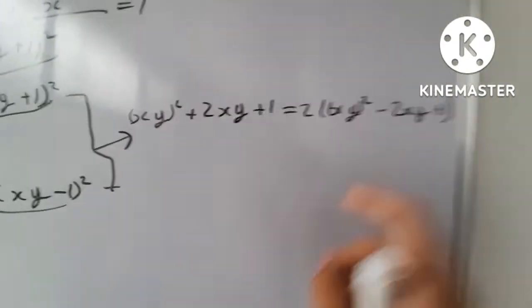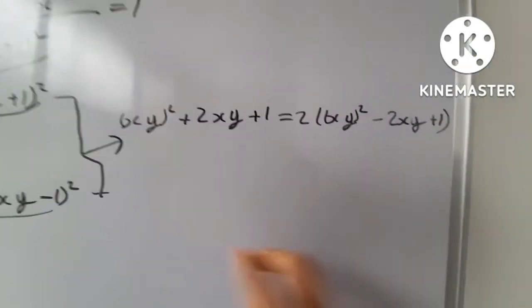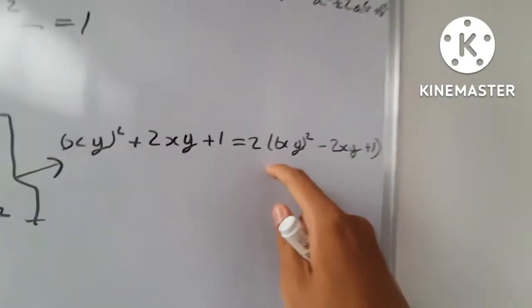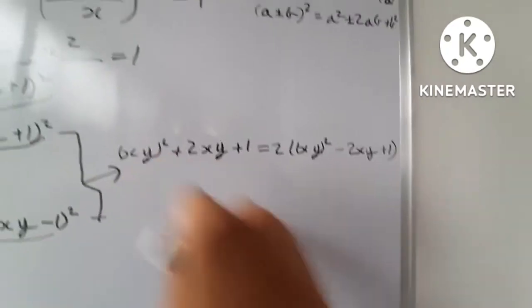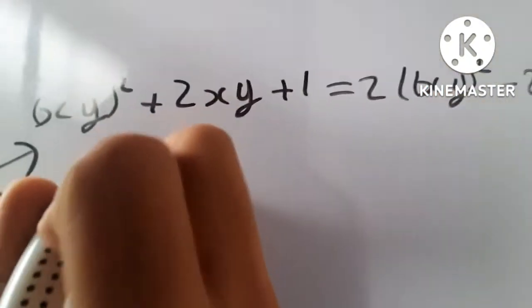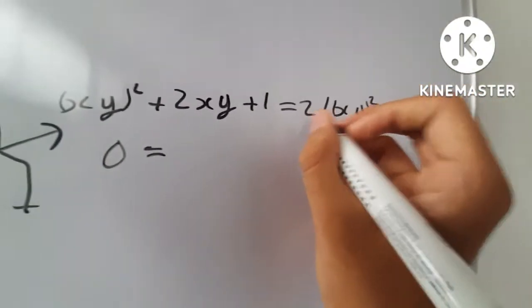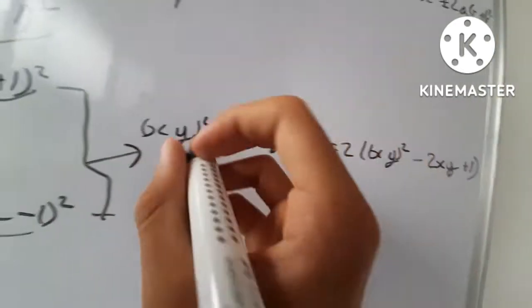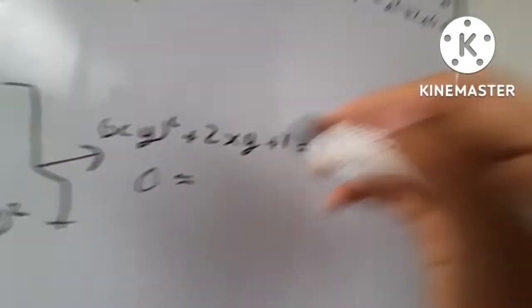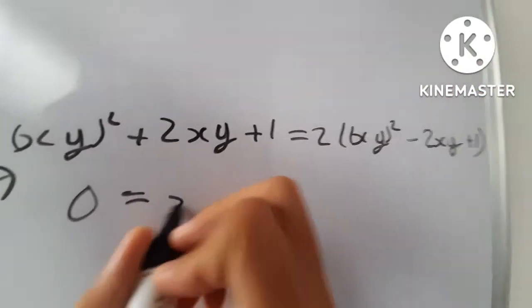Anyways, from these two equations, we can take this thing here, and we're going to move everything to the right hand side. So we get 0 is equal to 2xy the whole thing squared minus xy the whole thing squared. This is going to be 1 times xy the whole thing squared.